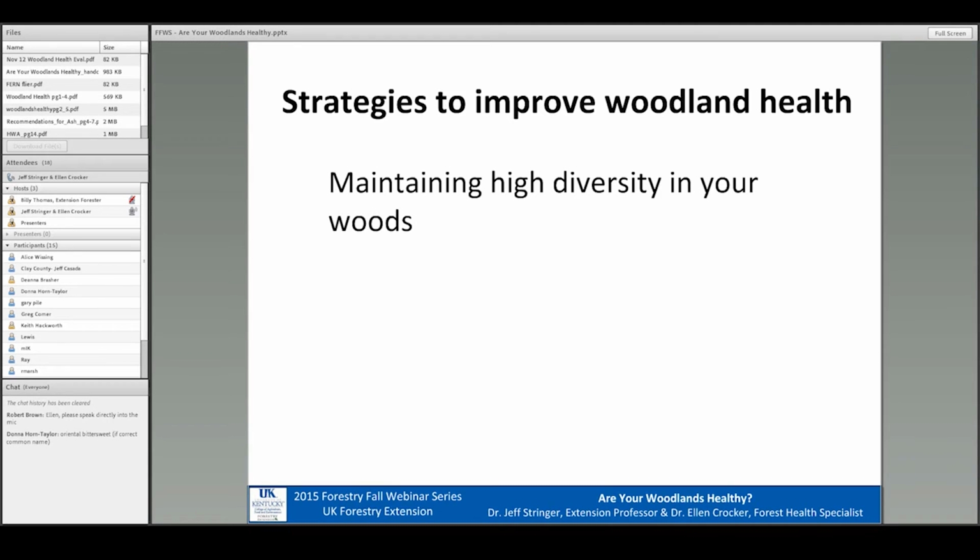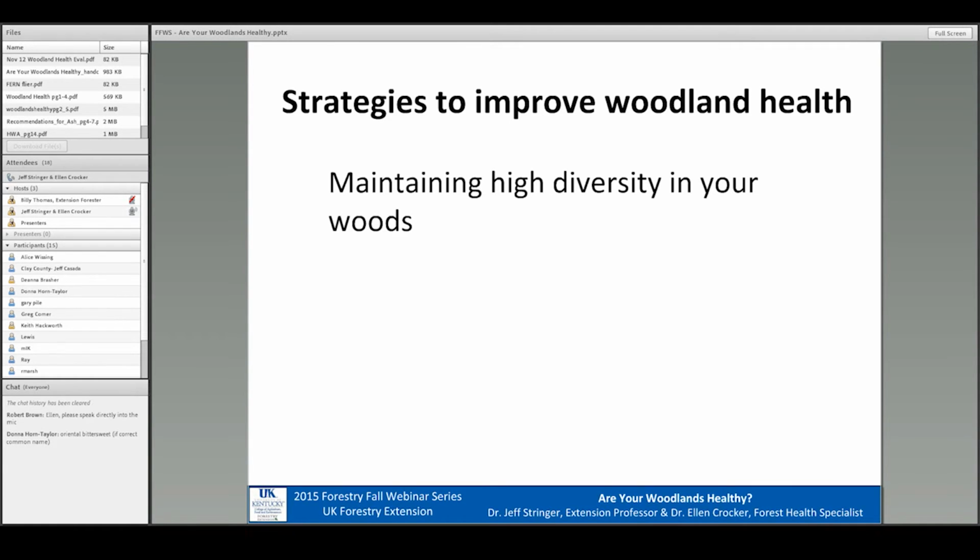So maintaining diversity, with a number of different oak species and poplar and ash and hickory and everything, is a great idea for a lot of different reasons. And I might mention real quick that maintaining high diversity is good from a forest health standpoint, especially when things are changing, with invasives coming in, insects, diseases, all those things that can attack an individual species. So having the diversity really helps you there.